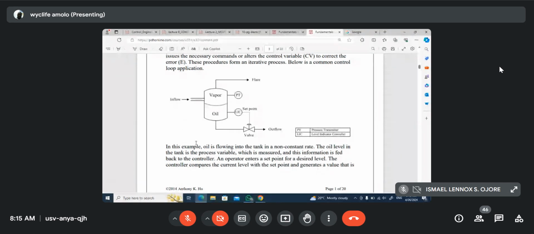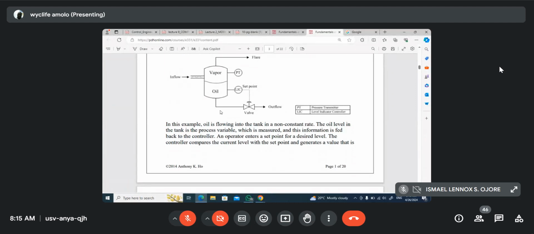So in this example, oil is flowing into the tank at a non-constant rate. The oil level in the tank is the process variable, which is measured. And this information is fed back to the controller.